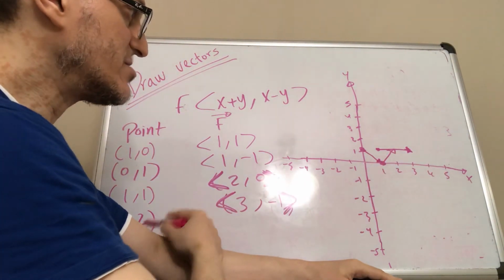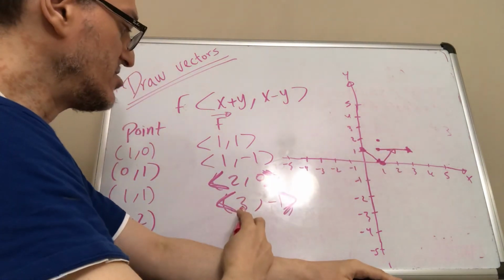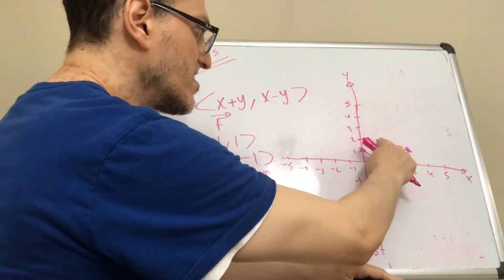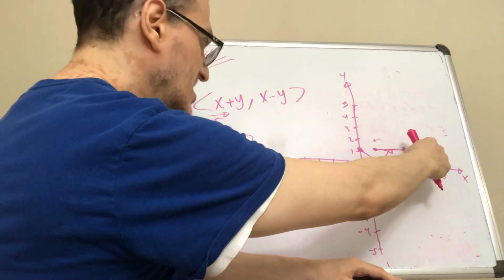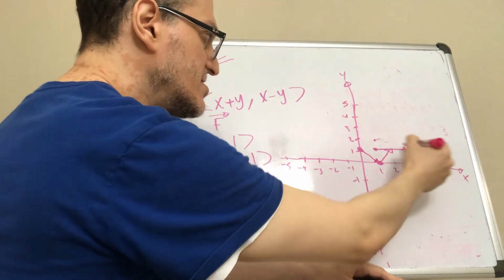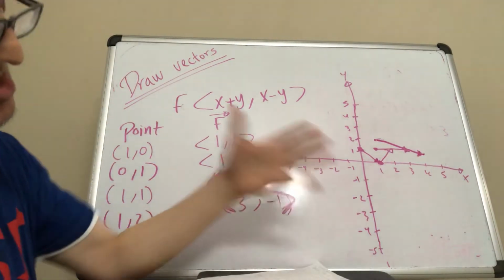The one we added, 1, 2. This is the point 1, 2. You go right 3, so 1, 2, 3, we go here, and down 1, so it would be this point here. So right 3, down 1, then this would be your vector.